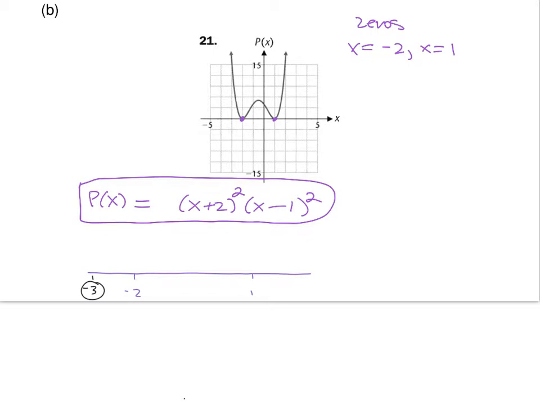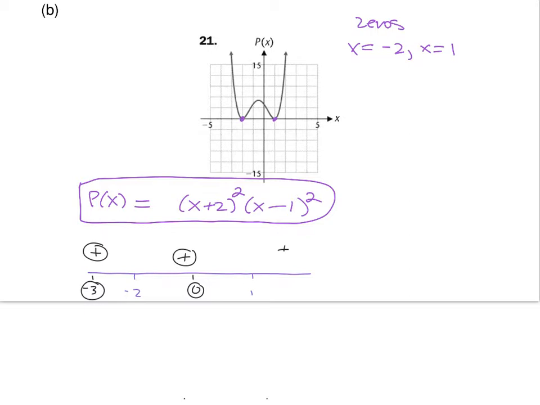So overall, your picture is positive to the left of -2. Is that true with the picture you were given? Yes. Okay, test a number like 0. First factor positive, second factor positive. So overall your picture is positive there. You see how your picture is definitely above the x-axis? And then past 1, also positive.